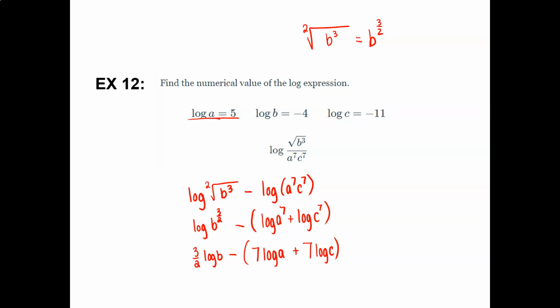So now we'll have 3/2 times -4 minus 7 times 5 plus 7 times -11. And you'll figure out what that is, and it's time for you guys to go, so I'm not going to do it, but you'll just figure that out, and you'll type in a number answer for that.